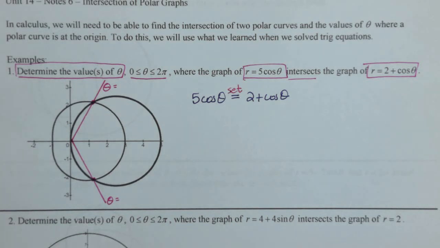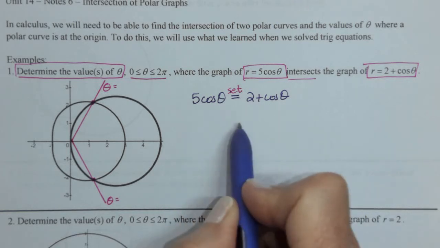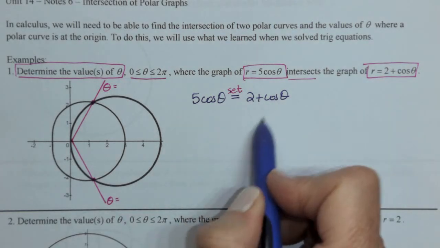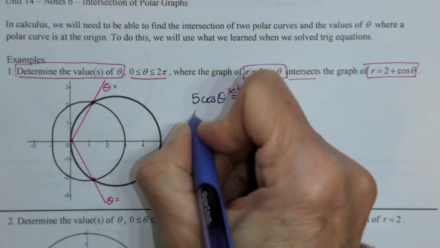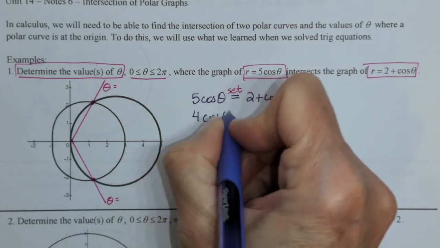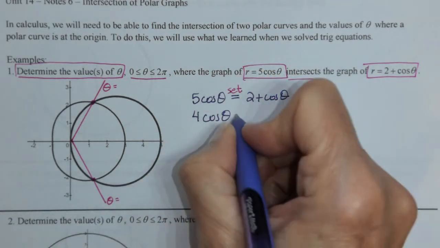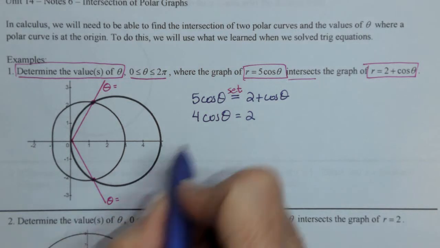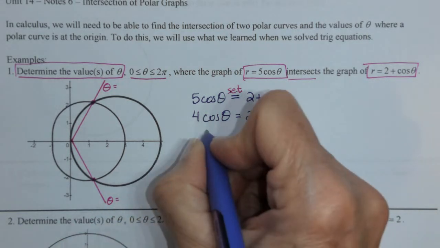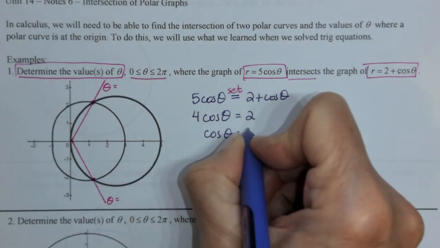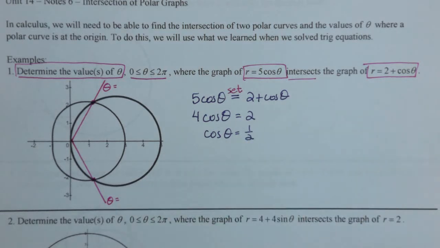Okay? Just to show what I'm doing. And now we have a trig equation that we can solve. I'm going to subtract cosine theta on both sides. When I subtract cosine theta, I'm going to have 4 cosine theta left over here, and that's equal to 2. Now I'm going to divide both sides by the 4, and cosine theta will be 1/2.